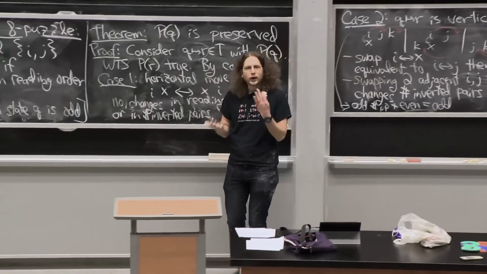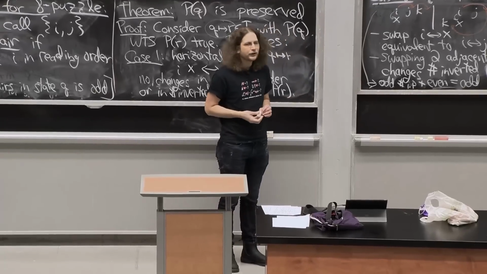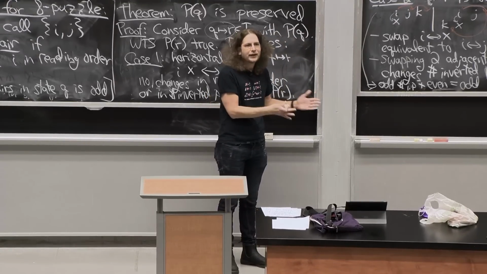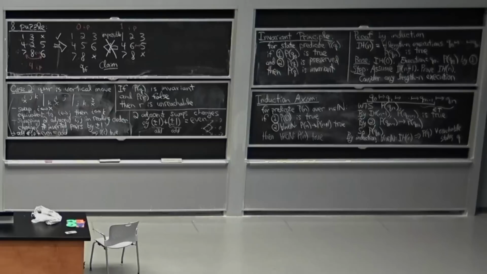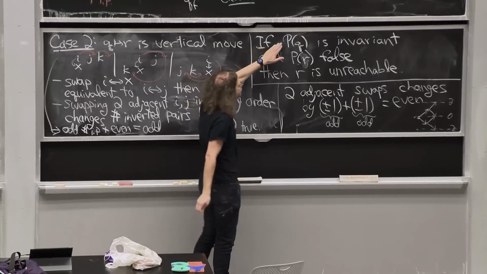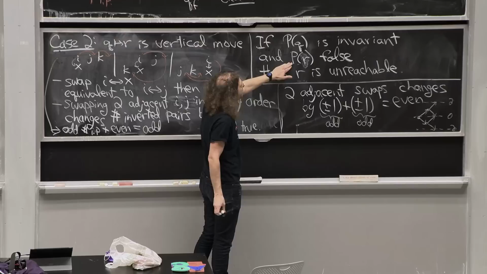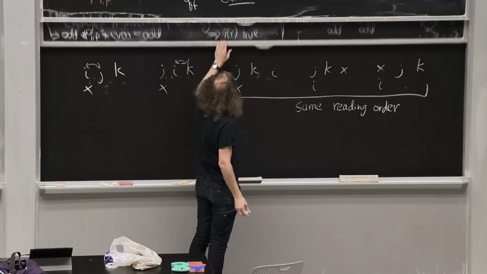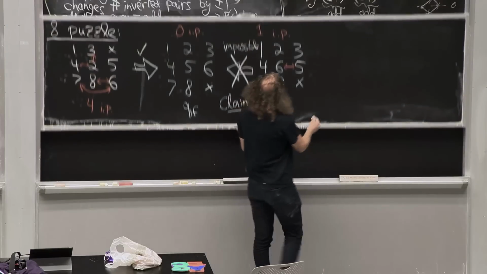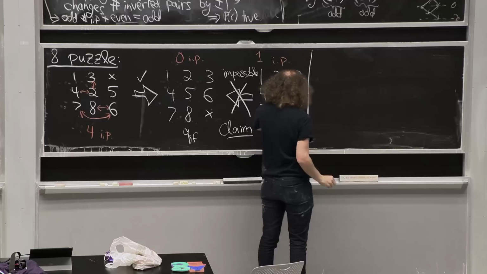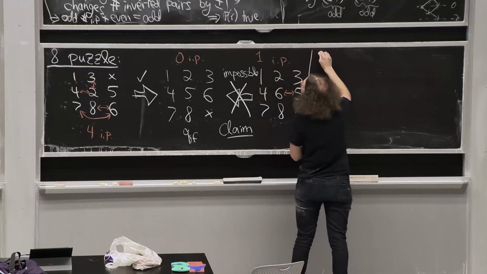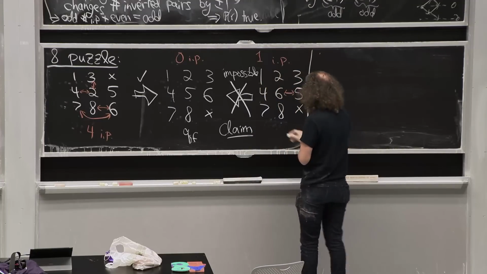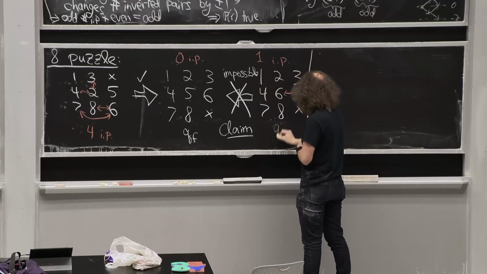If you swap odd and even in this proof, you can also show that if you start even, you stay even. But what we really want is, for this part here, we want to get P of Q to be invariant and find a place where P is false, and then conclude that R is unreachable. So let's do that quickly. Let's define this state to be Q0.